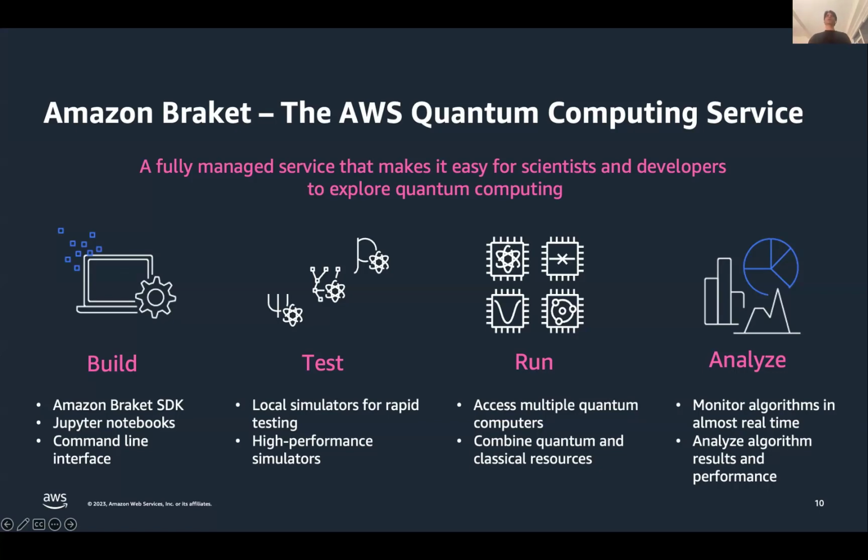Then you can test your algorithms using a local simulator or the high-performance simulators we have available. Then you can run those programs on QPUs, quantum hardware, and at the end use various AWS services and features to monitor your algorithms and analyze your results.